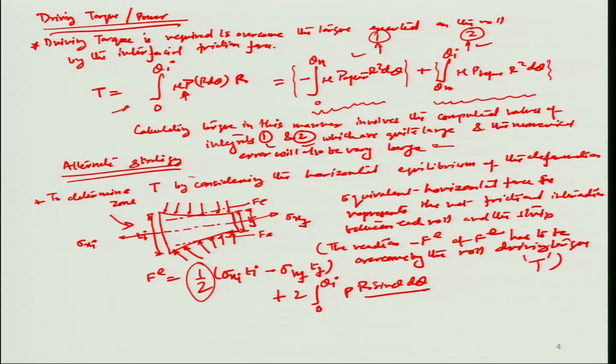Obviously the width is unity, so R d theta times unity is the area, and you can think of it that the pressure P is at a certain angle theta here. So we are talking about a component of this P which is trying to push the sheet out from the smaller thickness to the higher thickness side. So in this case the component of the roll pressure is really not aiding the rolling process.